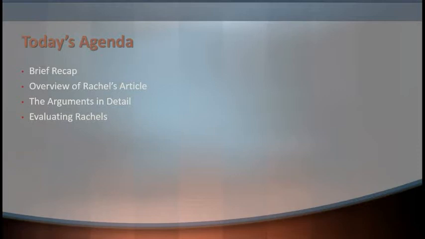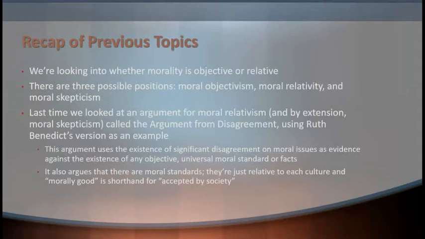We're then going to move on to an overview of Rachels' own argument, and the skeleton that Rachels follows as he moves through his argument. We're then going to go into a detailed analysis of those positions and Rachels' own support and evidence for those positions. And then we're going to end with a set of guidelines and things to keep in mind when evaluating whether or not Rachels is correct. Now, let's just go ahead and get to it, shall we?